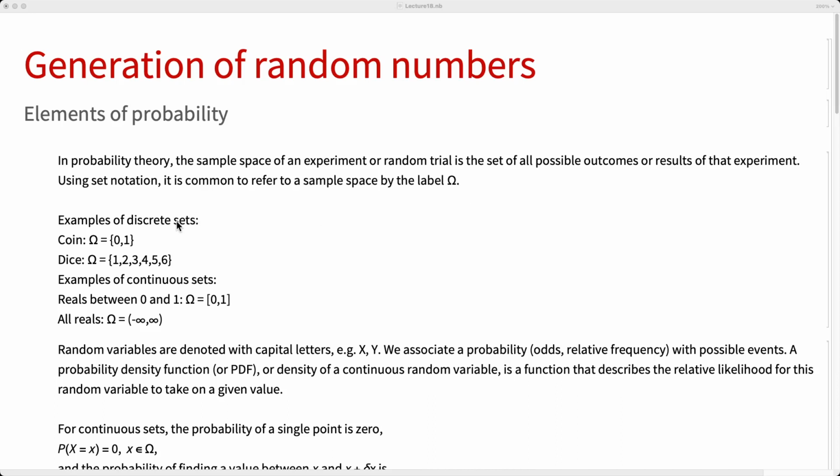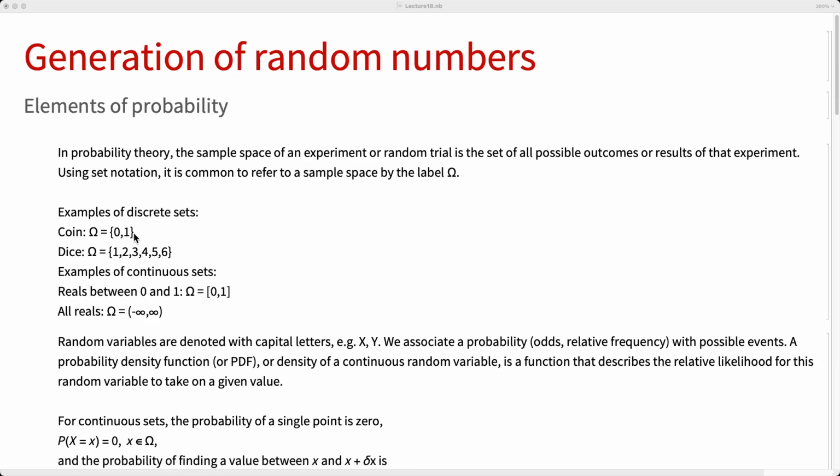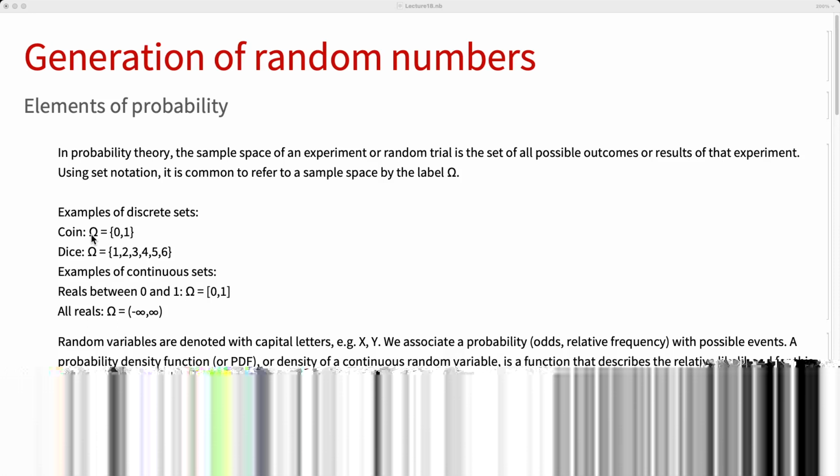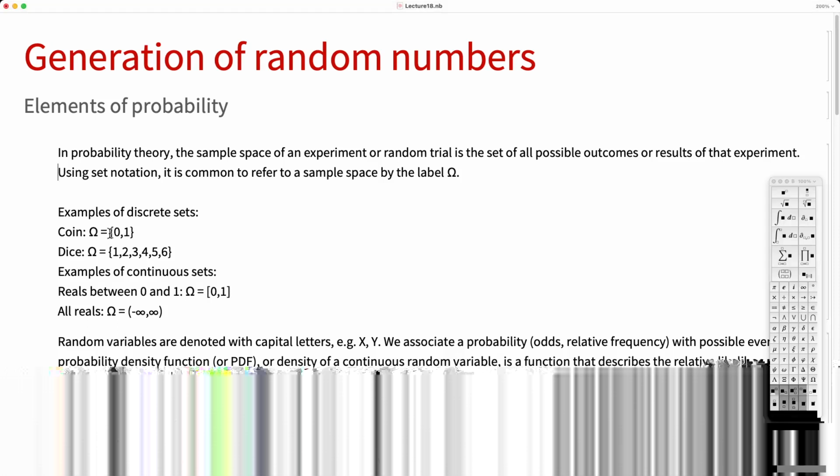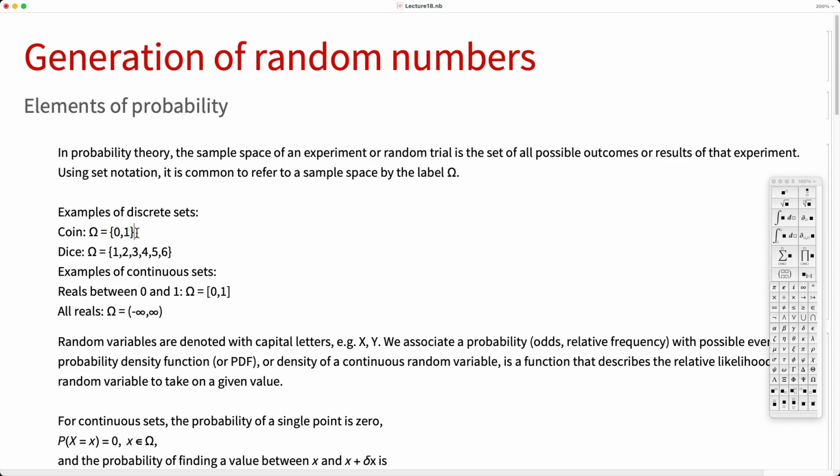Some examples of discrete sets are a coin toss where you have heads or tails, and we can denote that as 0 or 1. So the sample space is omega, and that's the set of the numbers 0 and 1.